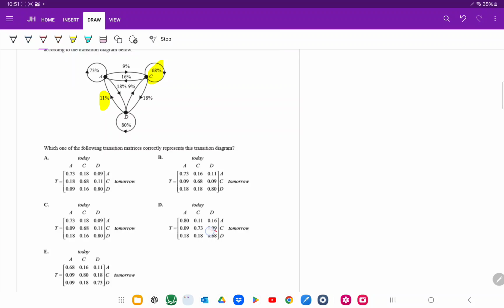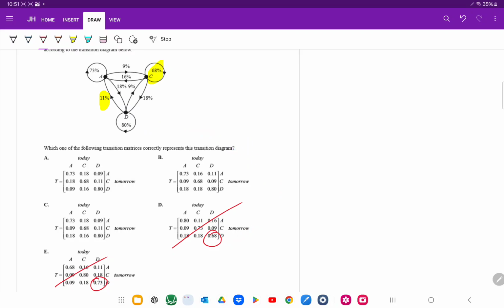You can see with this one, D to D does not equal that. In this case, we've got 73, which doesn't equal that either. That means D to D, which is this part here, is 80%, which means that A, B, and C are the only possible options with that one.